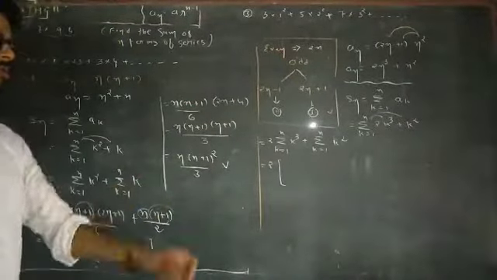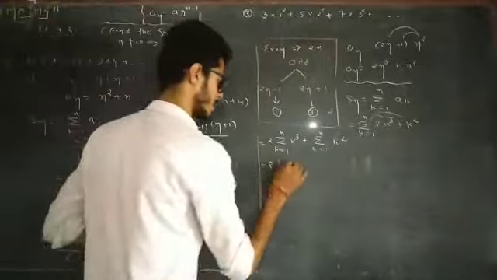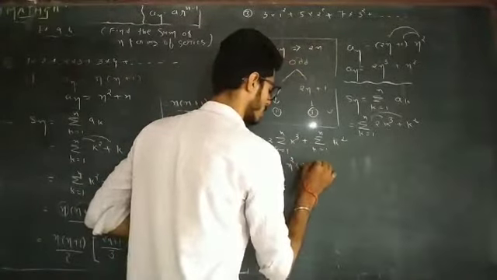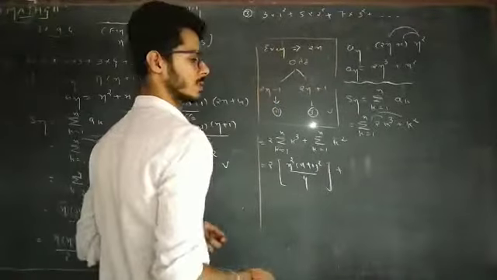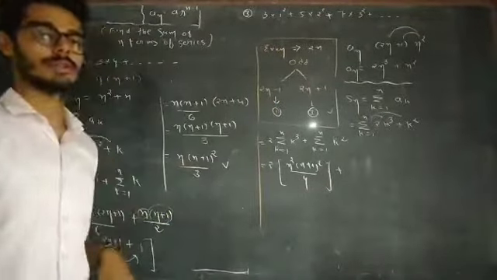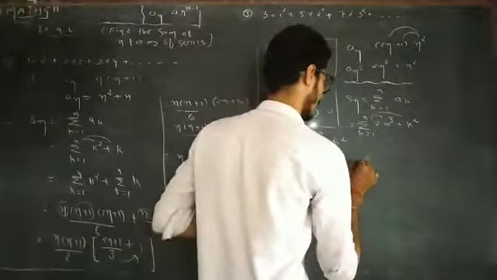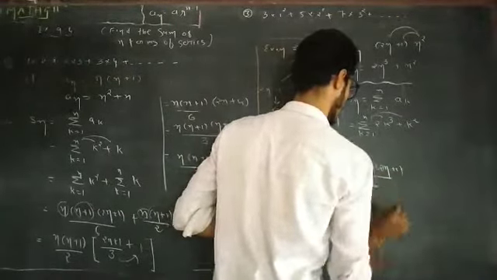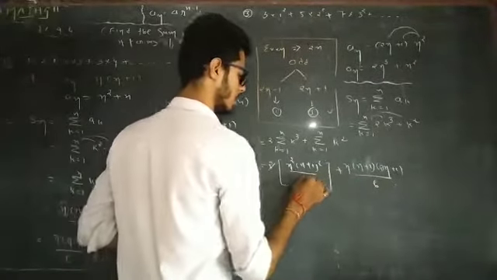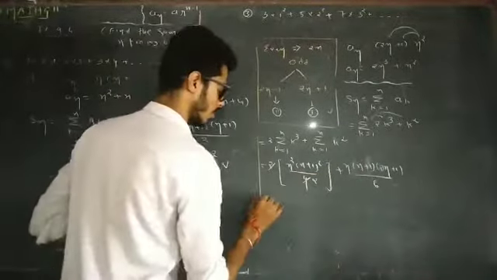So k cube means the sum of cubes of the first n natural numbers, which is n square into n plus 1 whole square divided by 4. K square means the sum of squares of the first n natural numbers, which is n into n plus 1 into 2n plus 1 divided by 6. 2 fours are 4.